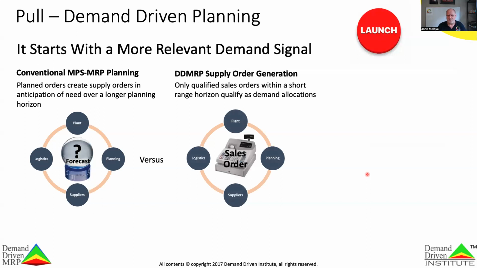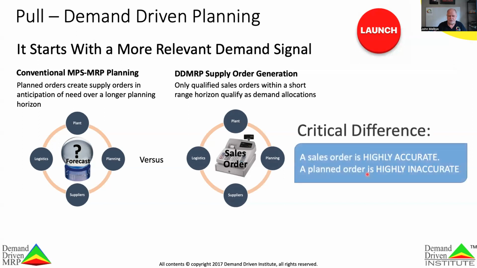DDMRP uses qualified sales orders. And in reality, we also use forecasts. We just use them differently. We use them to determine our average daily usage.